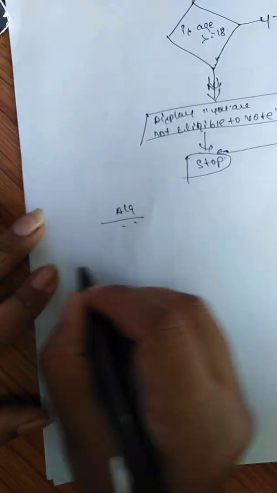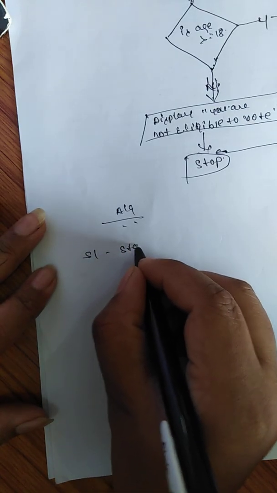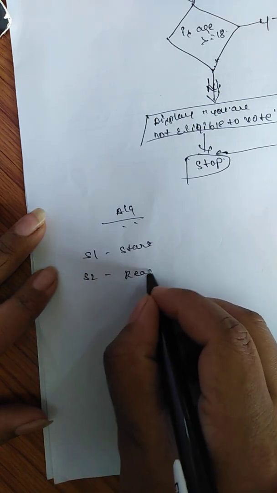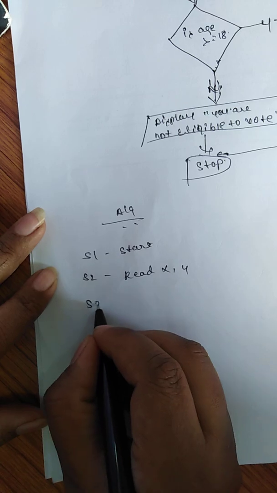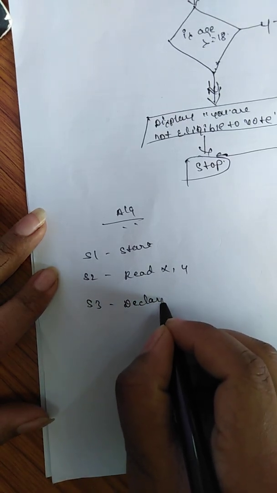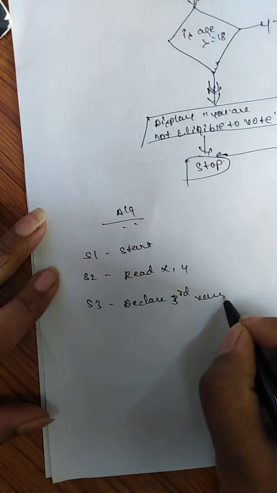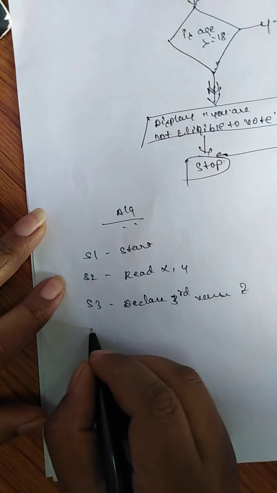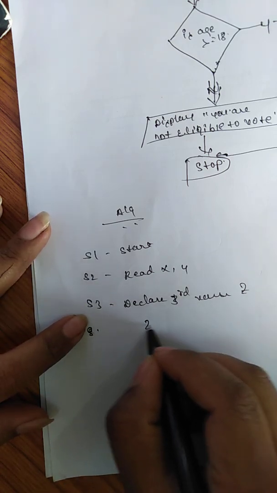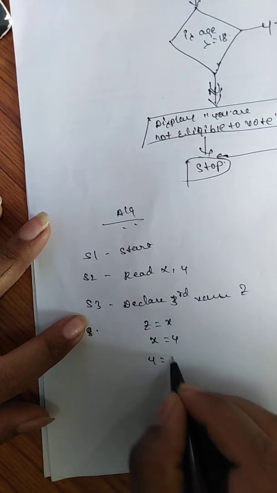I will write it. Step 1: first we start. Step 2: we read the values x and y. Step 3: we declare the third variable. I will take the third variable as z, and next I will declare z equal to x, x equal to y, y equal to z.